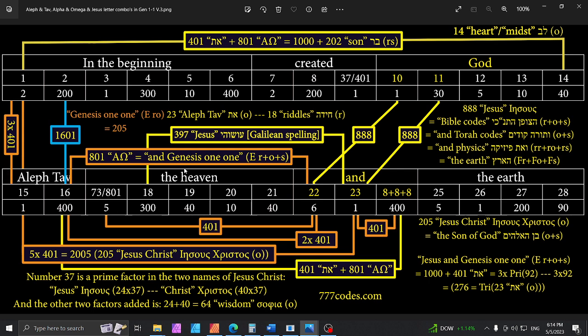If we count by rotation, by the number of letters in cycles, we will see that letter number 17 is 801, which is the value of Alpha Omega, the first and last letter of Greek.